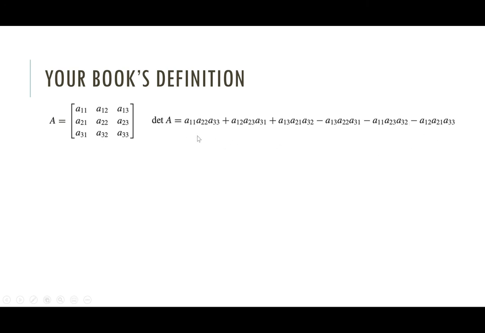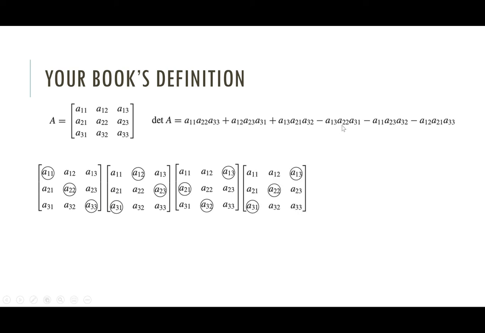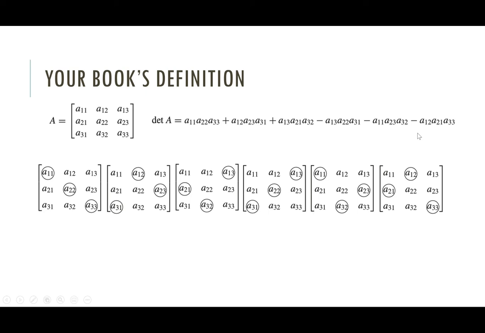And your book says, let's look at these entries and see where they fall in the matrix. These first ones are the diagonal entries. And how about in this term? What are the entries? Okay, they're these. In this term, circle the entries. In this term, circle the entries.